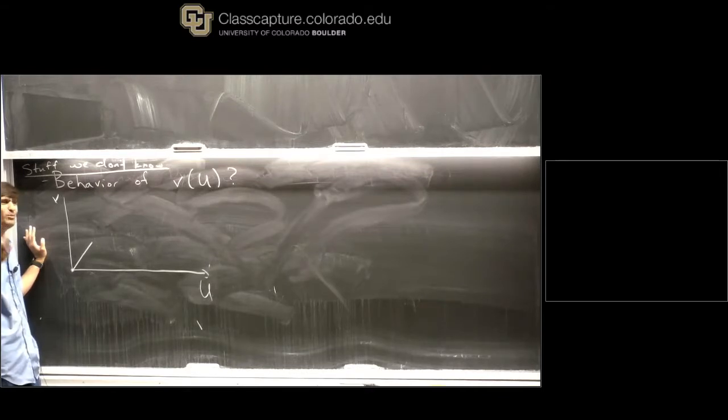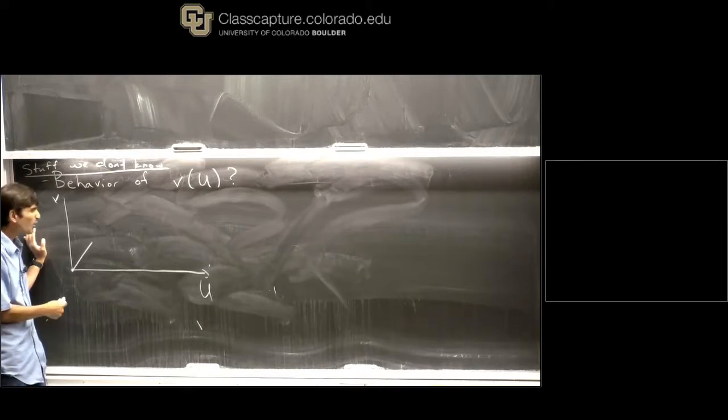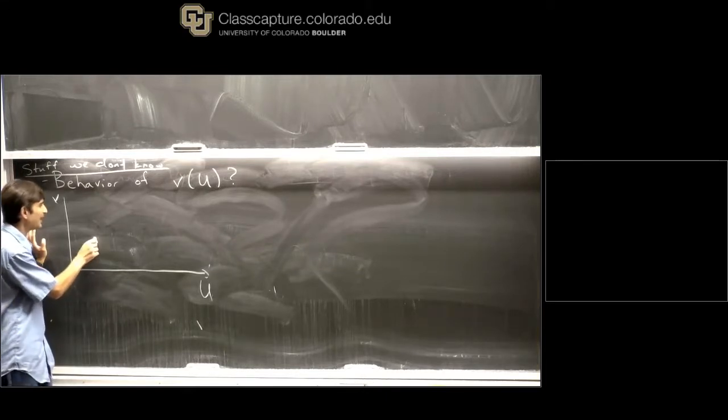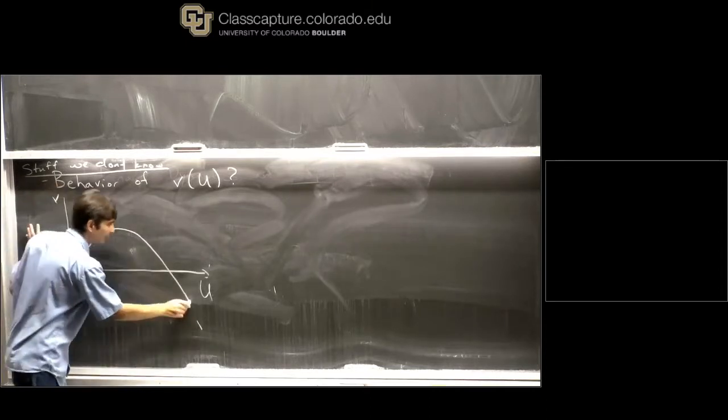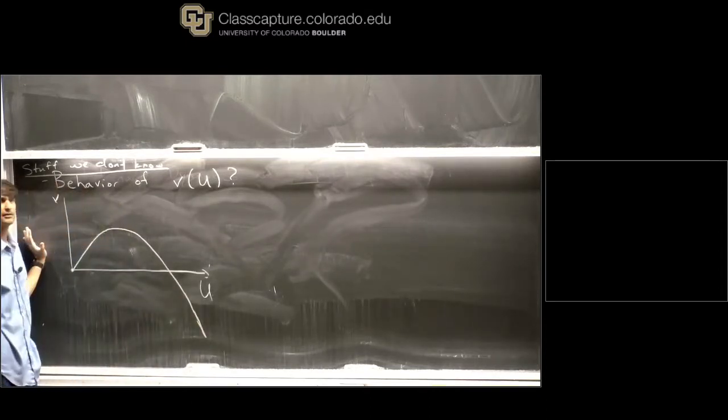If I put in mutations really rarely, then for small enough mutation rate, I'm going to get a positive v, and at some point I'm going to turn over like this and go down into some mutational meltdown regime.